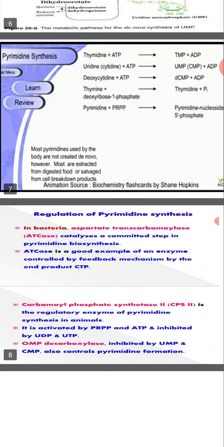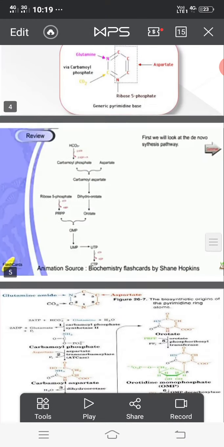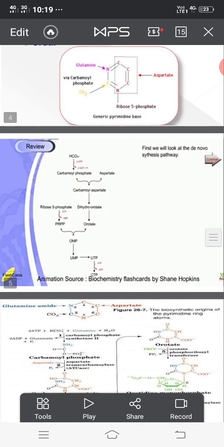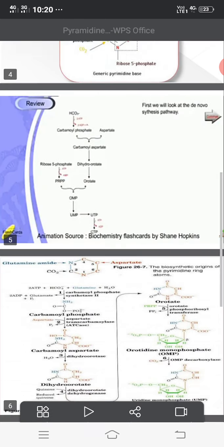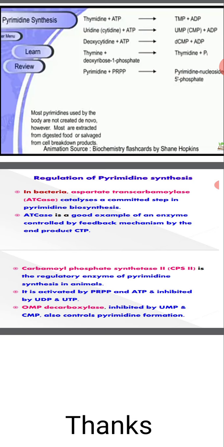The regulation of pyrimidine synthesis is mainly in bacteria.